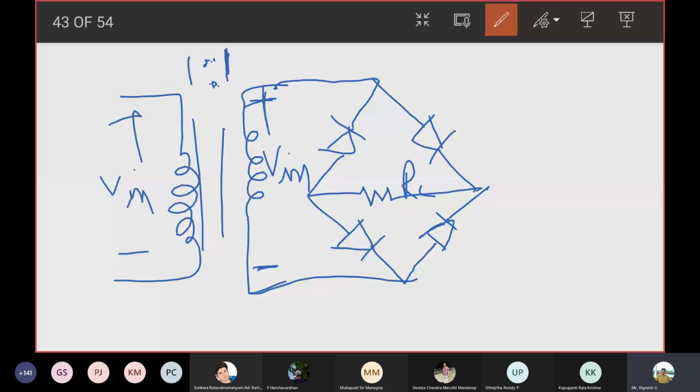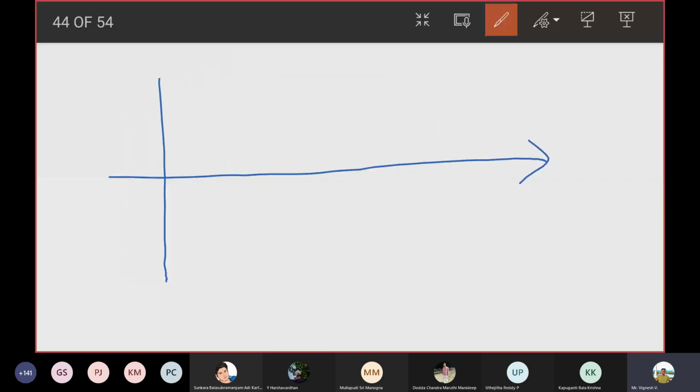Okay, in case you're using a turns ratio of 1:1 for a half wave and for a center tap full wave rectifier and a bridge full wave rectifier, the output would look something like this.